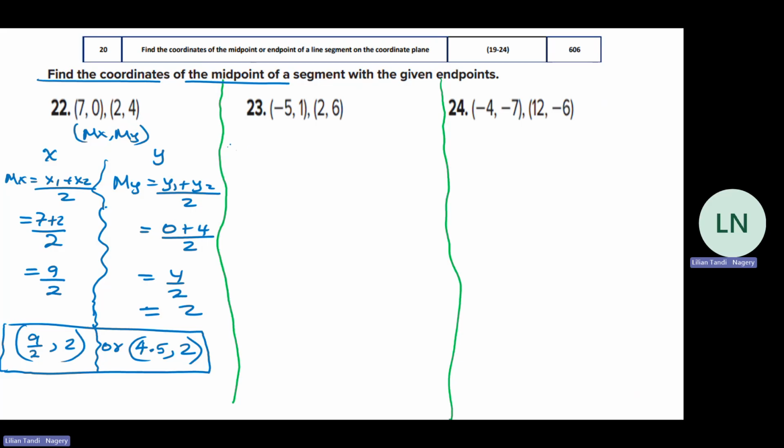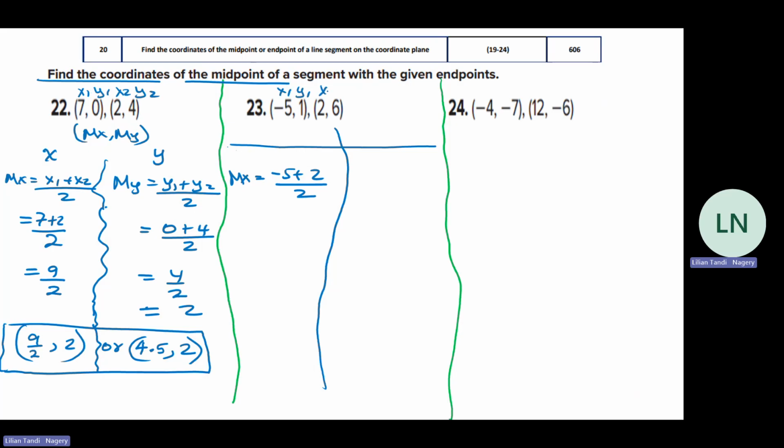Okay, so same thing here. I'm not going to write the formula. It's already over here. So I'm just going to write mx. Okay. Mx equals negative 5 plus 2 divided by 2. Make sure you label so that you don't confuse x1, y1, x2, y2. And here you have 1 plus 6 divided by 2.